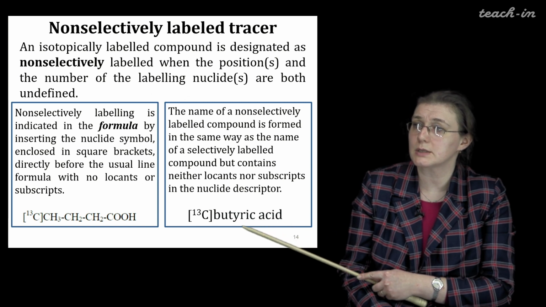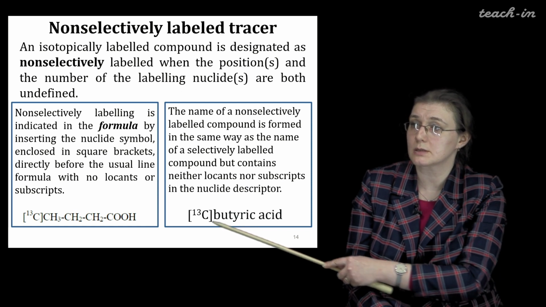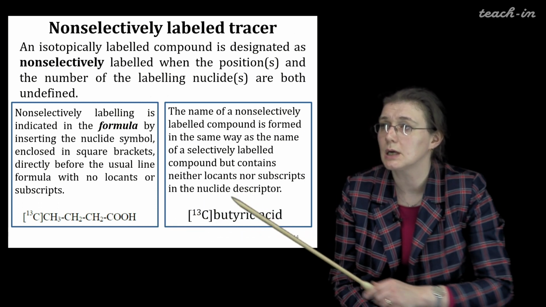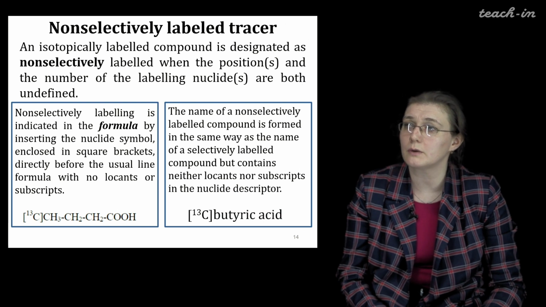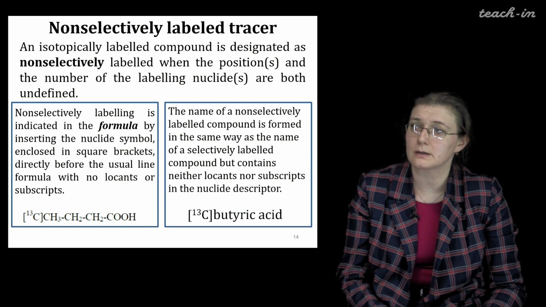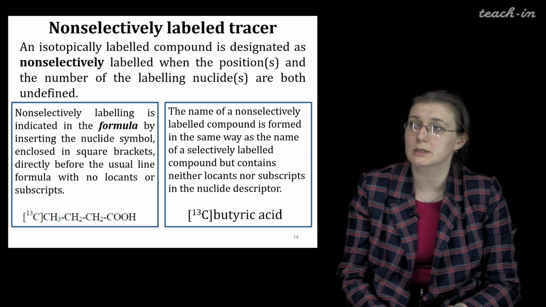And here is an example of carbon-13 labeled butyric acid. Its formula is on this part of the slide, and the name of the non-selectively labeled compound is formed in the same way as the name of a selectively labeled compound, but contains neither locant nor subscript in the nuclide descriptor.